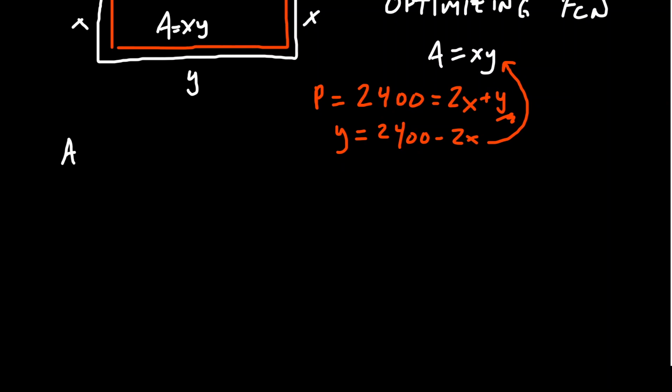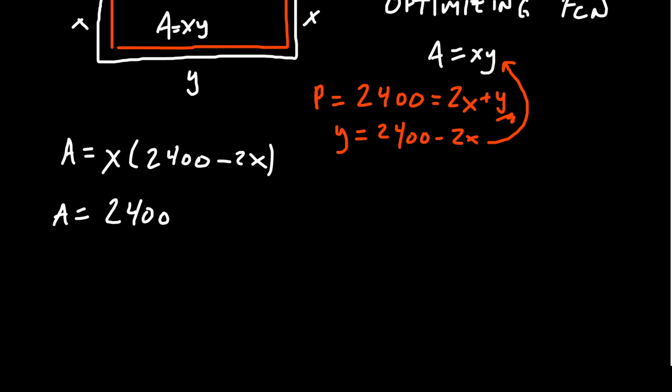A equals x times 2,400 minus 2x. And I'm going to distribute this through because my ultimate goal is to be taking a derivative. And although I could use the product rule, it's going to be a little bit cleaner if you distribute the x. So we get 2,400x minus 2x squared. Right? This is our optimizing function.